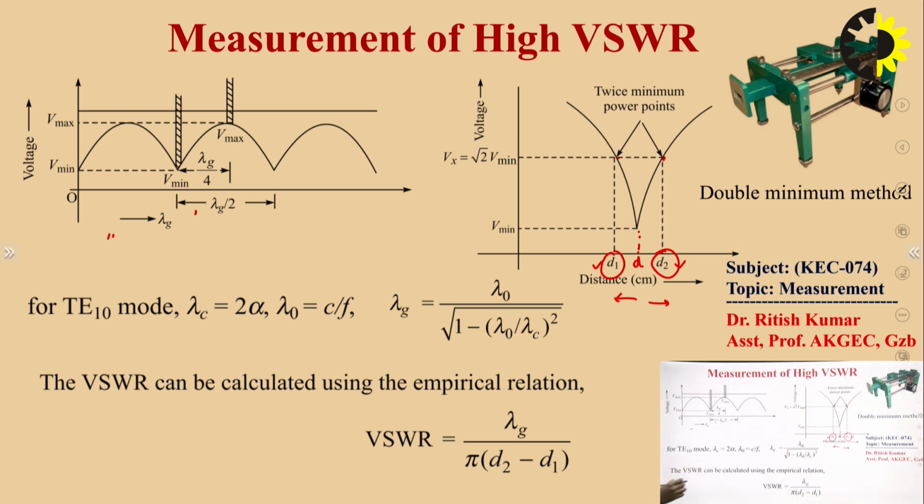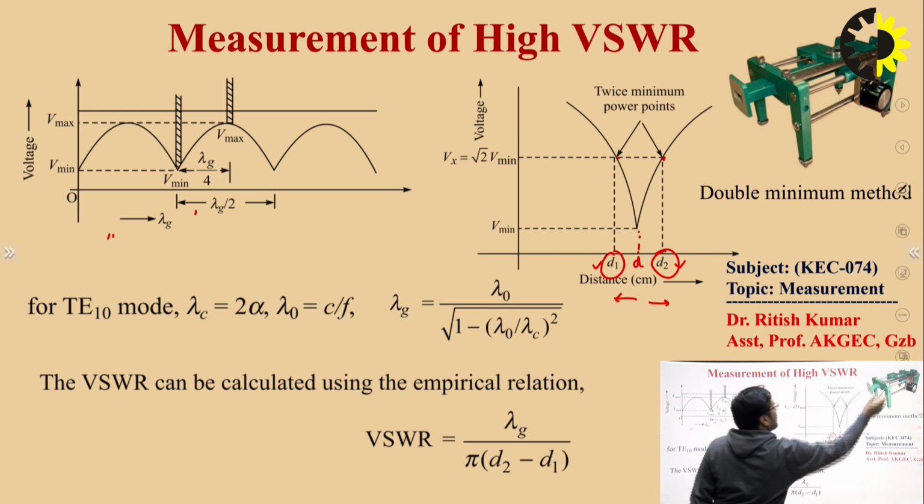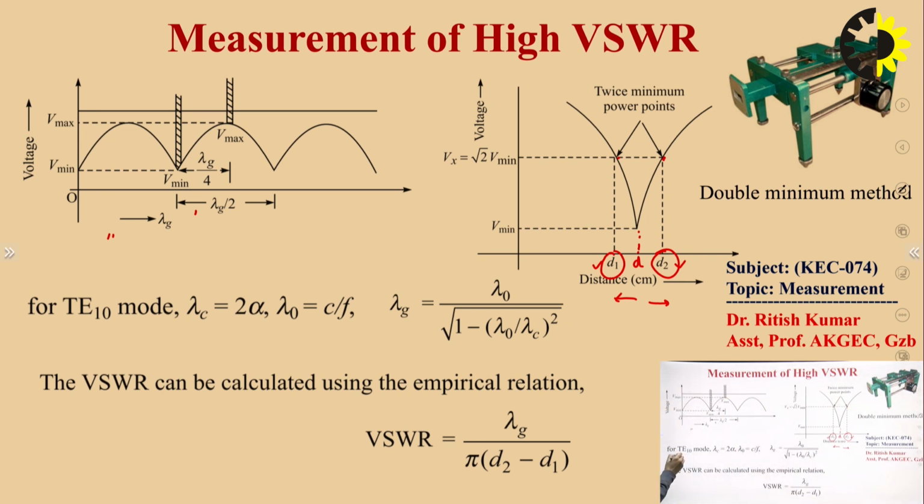Here we are using the rectangular waveguide in this example, so we need to consider the fundamental TE10 mode, and for this mode the cutoff wavelength is given by lambda c is equal to 2a, where a is the dimension of the waveguide.